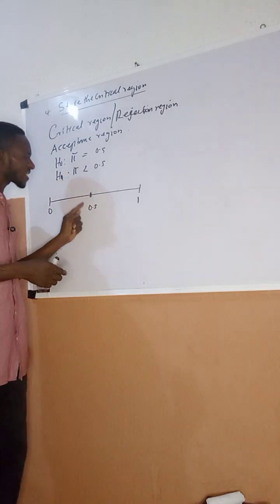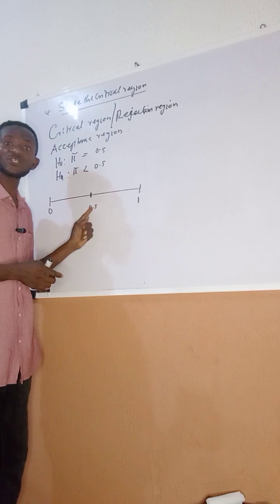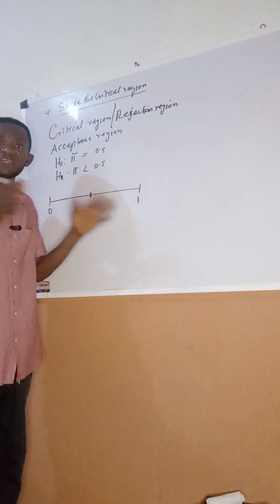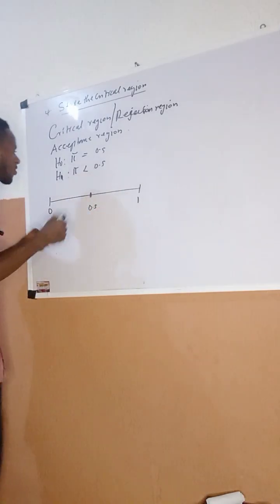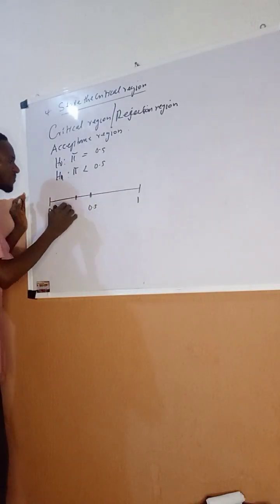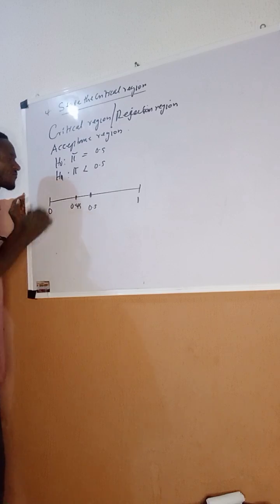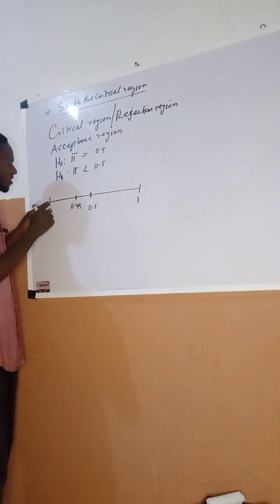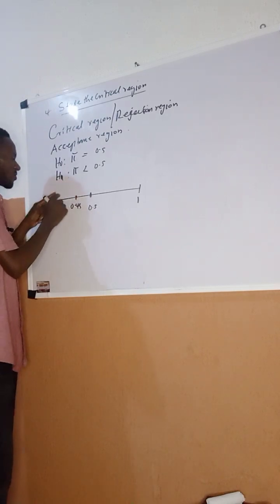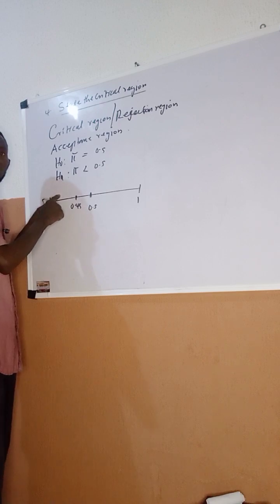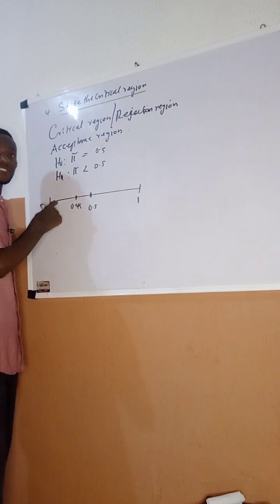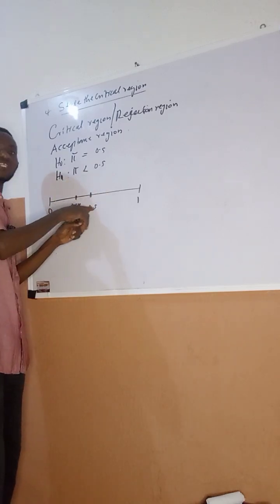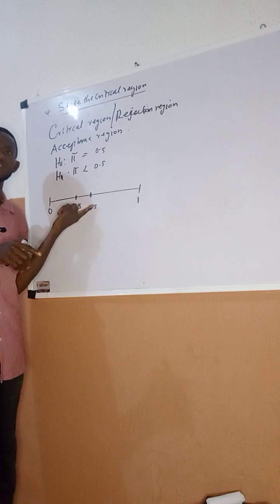And of course, a value that is very, very close to 0.5 might not be rejected because it is also very close to this 0.5. So there might not be any significant difference between them. So you can come and have a line here, possibly at 0.45. And you are telling yourself that any value that falls between 0 and 0.45, you are going to reject it, while any value that falls between 0.45 and 0.5 is of course very, very close to 0.5.